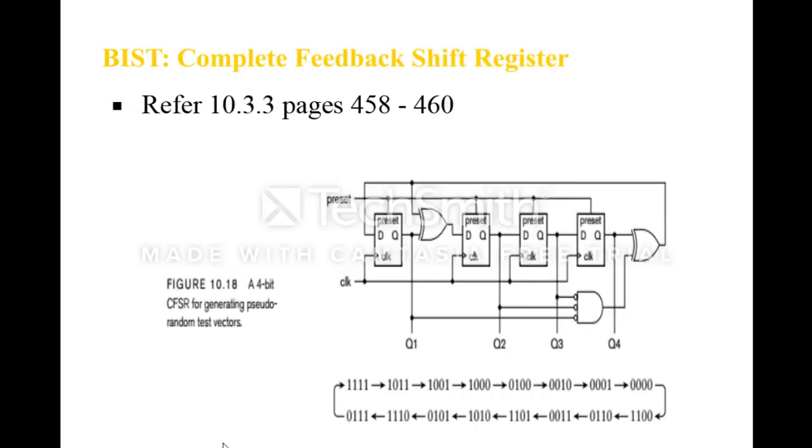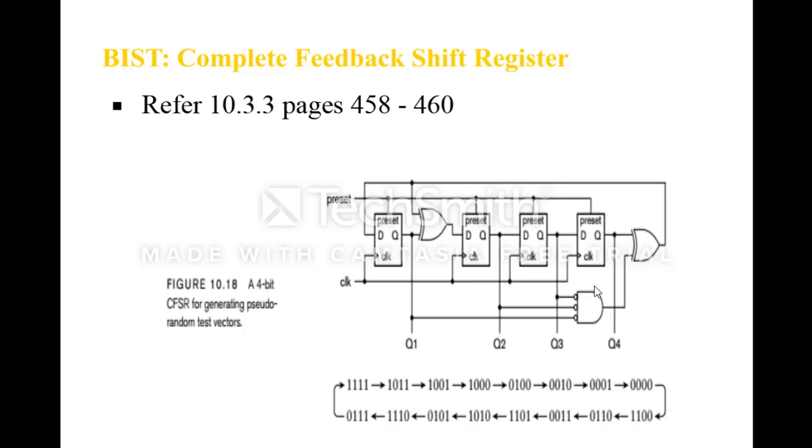To overcome this, we can use a complete feedback shift register. The circuit is modified like this by using an XOR operation, and by starting with any value by application of preset, upon application of clock, the circuit can produce the sequence of 16 combinations.